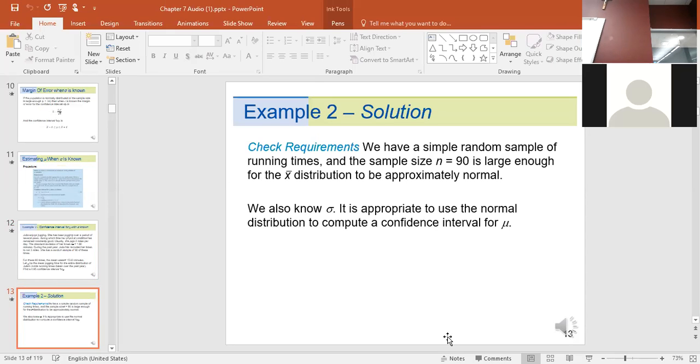So on your calculator, you will go to start, then test, then choose Z interval. You choose Z interval because sigma, the population standard deviation, is known.